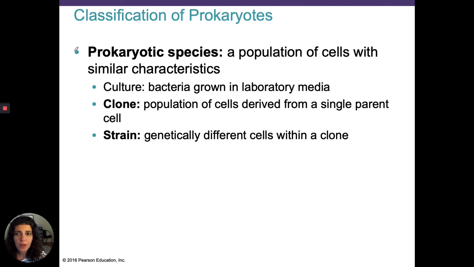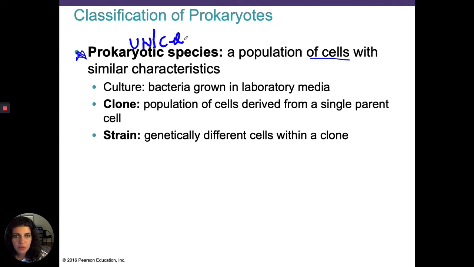Remember that when you talk about prokaryotic species, they are a population of cells with similar characteristics. When you talk about eukaryotic species, they are a population of organisms, not cells, with similar characteristics. Because remember, all the prokaryotes are unicellular, right?